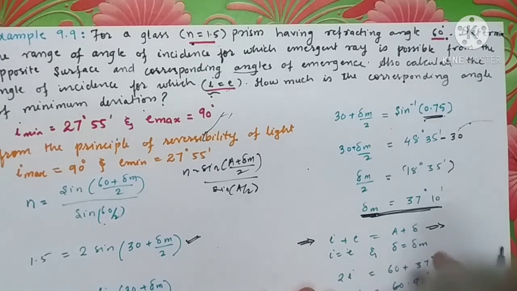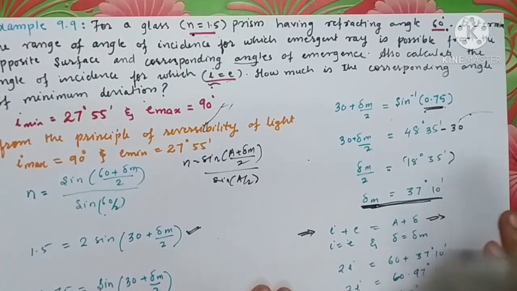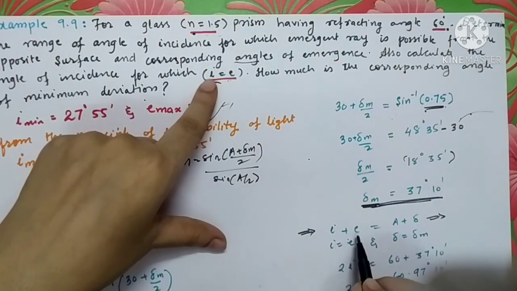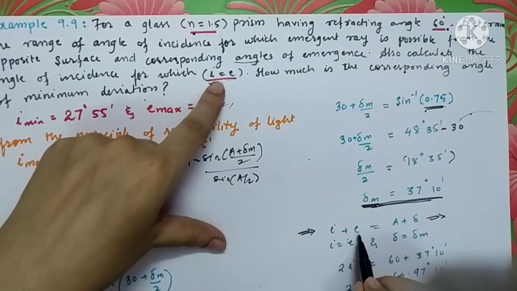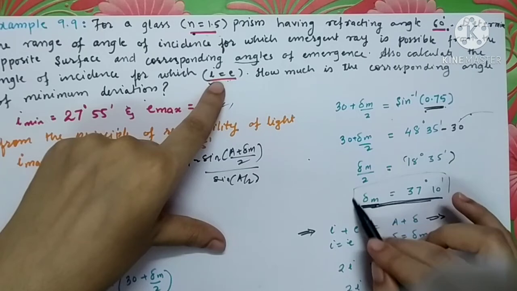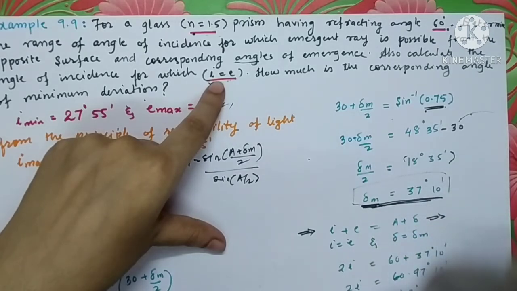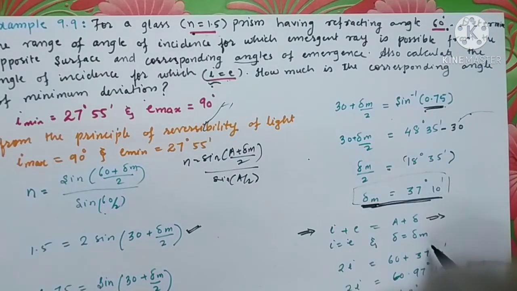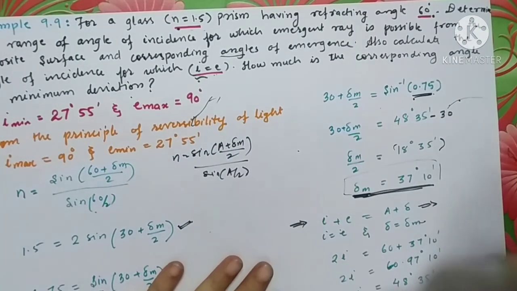You all know what I is, what E is, what A is, what delta is. So put the condition over here: I is equal to E, so in place of E we write I, and delta is written as delta m. Just now we have calculated the value of delta m, it is 37 degree 10 minutes. So substitute these two values in this equation.